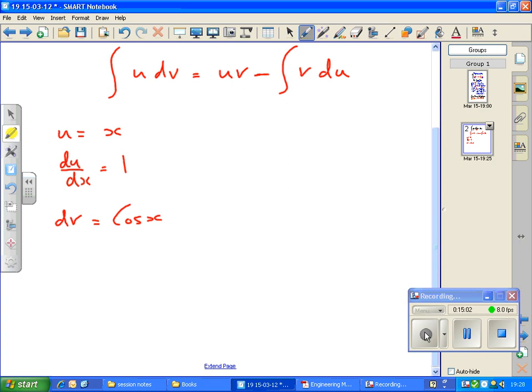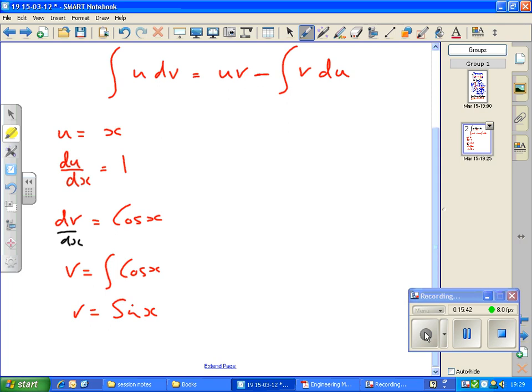Remember, what I should really put in is by dx. In other words, x is the variable, but that's not put in the rule because it could be any letter, so we can leave it out. So if the differential of v is cos x, then v is going to be the integral of cos x, which is sin x. So in other words, v equals sin x.